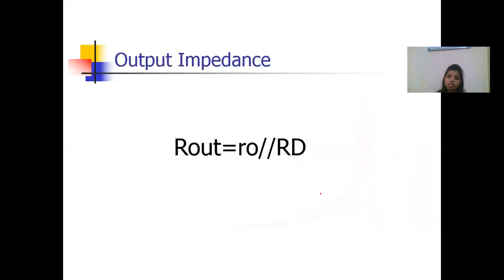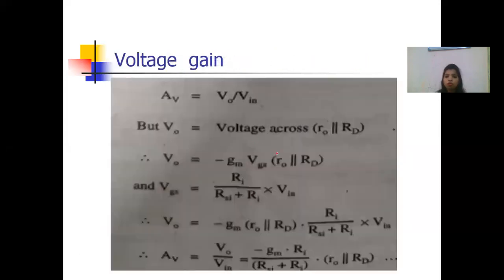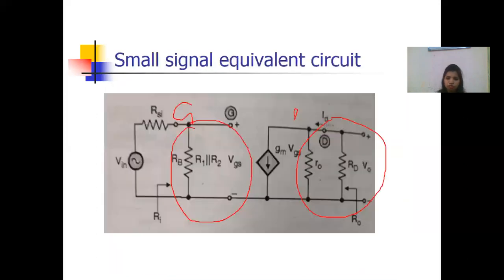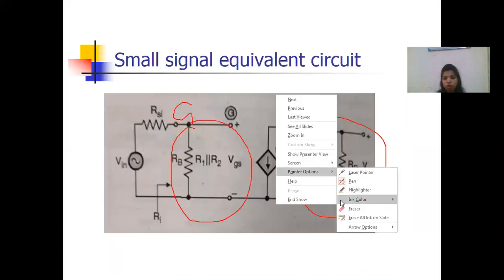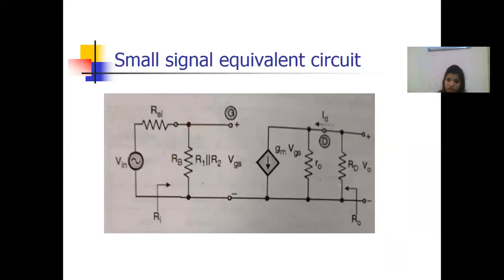Now next we have to calculate the voltage gain. Okay, now that is also easy. Just keep in mind how to calculate the voltage gain. First of all, check what the output voltage is. Output voltage is output current times output resistance. Output current is gm VGS and output resistance is R0 parallel RD.